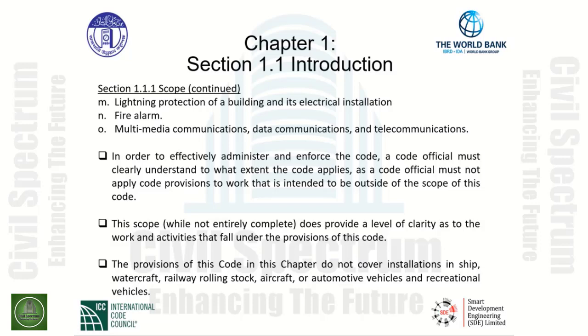The scope, while not entirely complete, does provide a level of clarity as to the work and activities that fall under the provisions of this code. The provisions of this code in this chapter do not cover installations in ship, watercraft, railway, rolling stock, aircraft or automotive vehicles, and recreational vehicles.